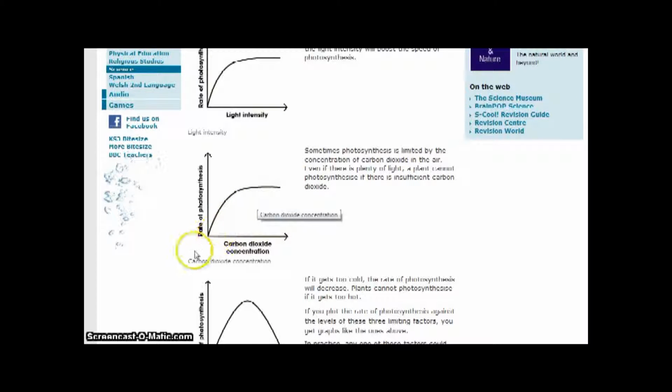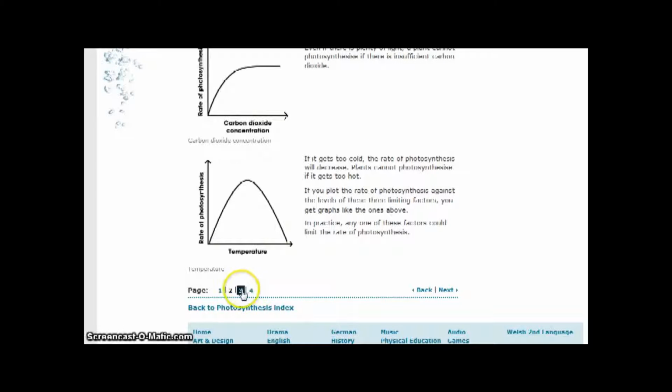And then the same with carbon dioxide concentration. More carbon dioxide will increase it, but then light intensity and temperature become a limiting factor for the rate of photosynthesis. Having trouble saying that word today.